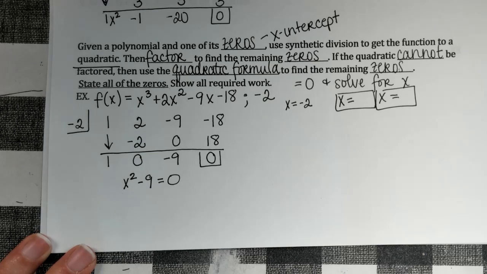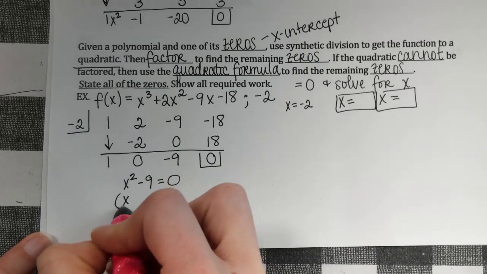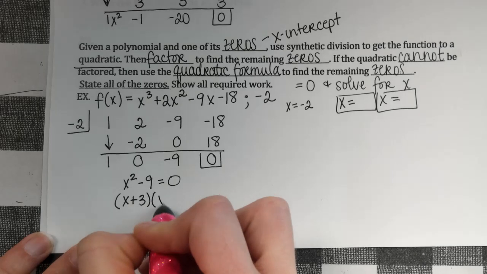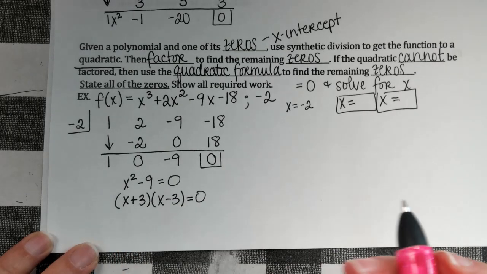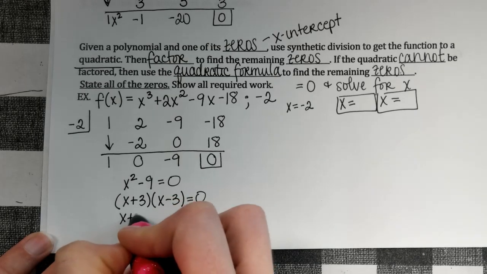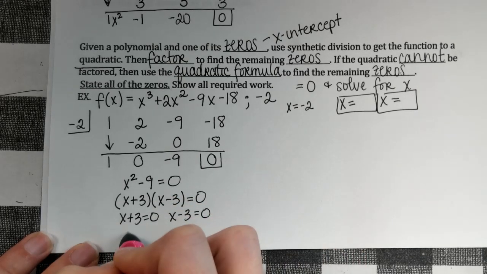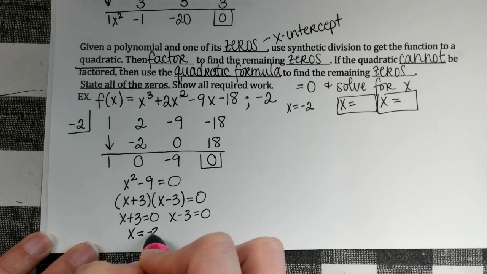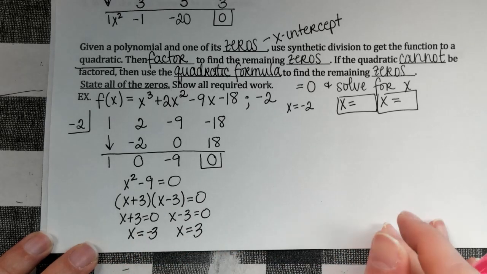So you have to recognize that's a skill. You have to be able to analyze and recognize that it's the difference of two squares. So this will factor into x plus 3, x minus 3 equals 0. So then x plus 3 equals 0, x minus 3 equals 0. That gives you x equals negative 3 and x equals positive 3.